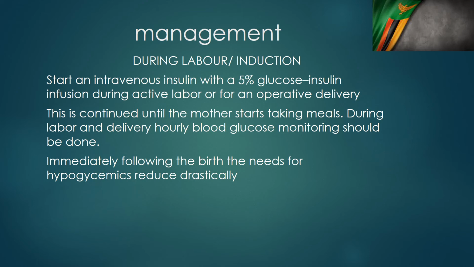So these women with gestational diabetes, we might need to stop insulin there and then, if they needed insulin, or stop oral hypoglycemic drugs if they needed oral hypoglycemic drugs, and then we keep monitoring the sugars and deciding if they need their insulin to be continued, or their oral hypoglycemic drugs to be continued.